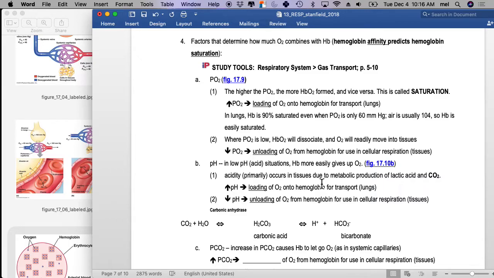So these are the factors that determine whether you saturate or desaturate. So let me just go ahead and tell you, as far as terminology goes, loading equals saturation. You ever used one of those O2 sat monitors in which you got it on your fingertip, or in babies they have one on their head?